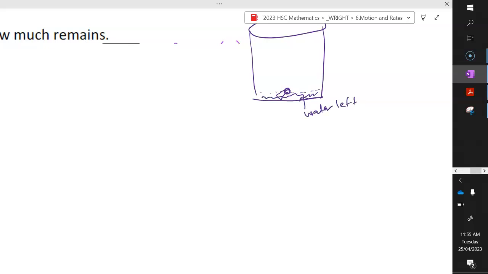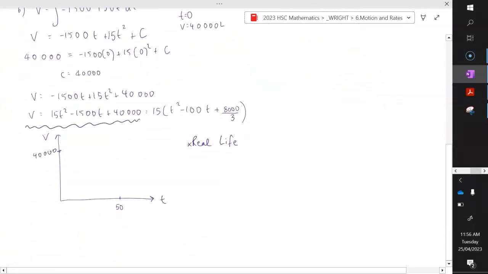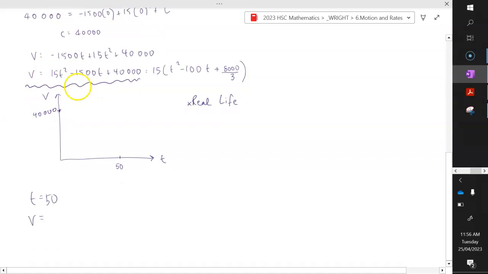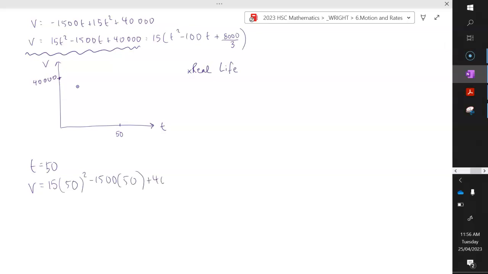Now, we need to figure that out with our function here, and I want to have a look at, although I know my volume starts up here, what is my volume at time is equal to 50? So let's work that out. At time is 50, my volume is, I'm just going to use that first equation, not the factorized one. So it's going to be 15 times 50 squared minus 1500 times 50 plus 40,000.